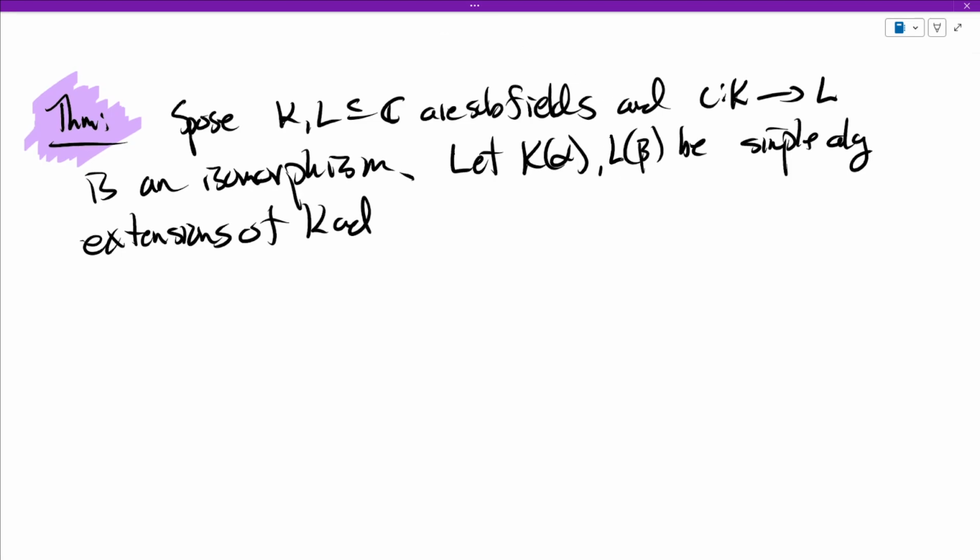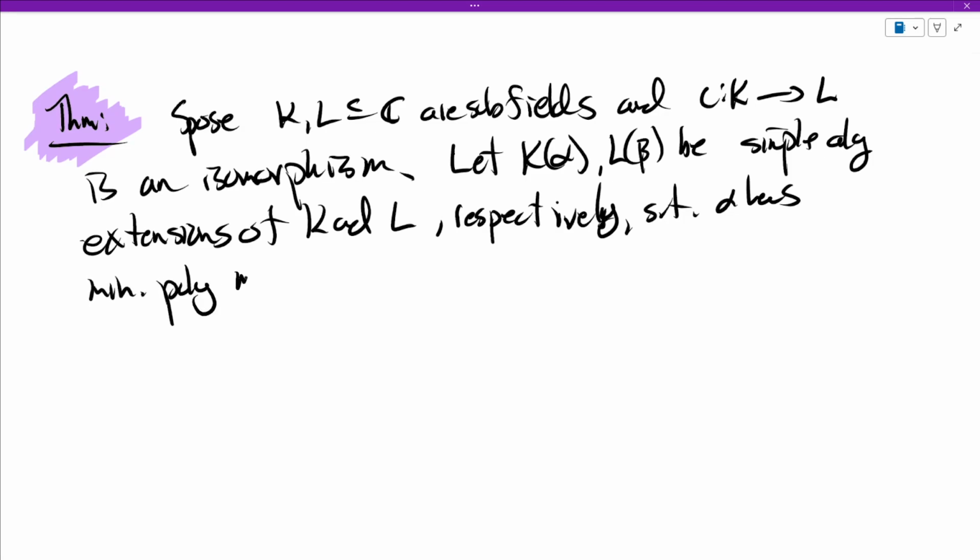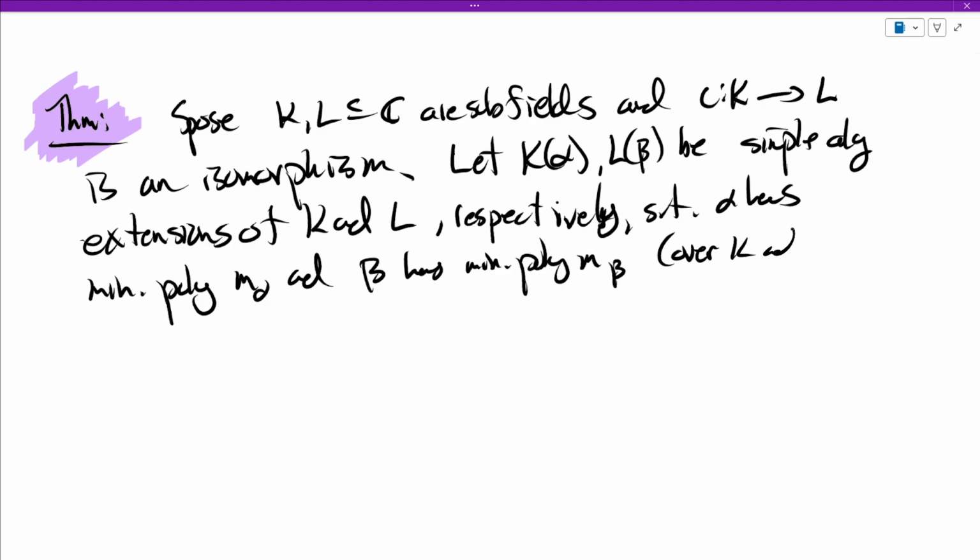K alpha and L beta, of K and L respectively, such that alpha has minimal polynomial M alpha and beta has minimal polynomial M beta, of course, over K and L respectively.